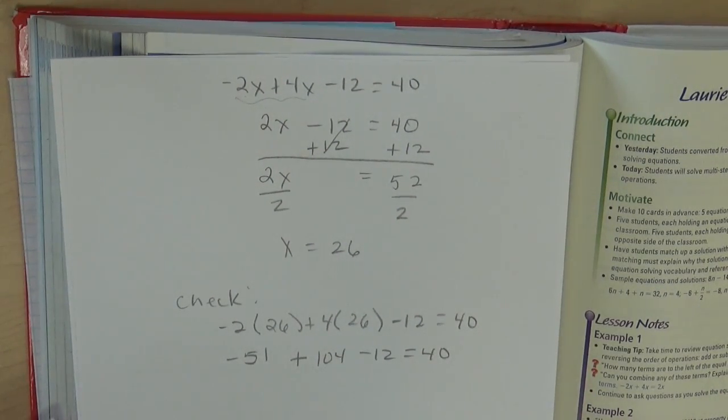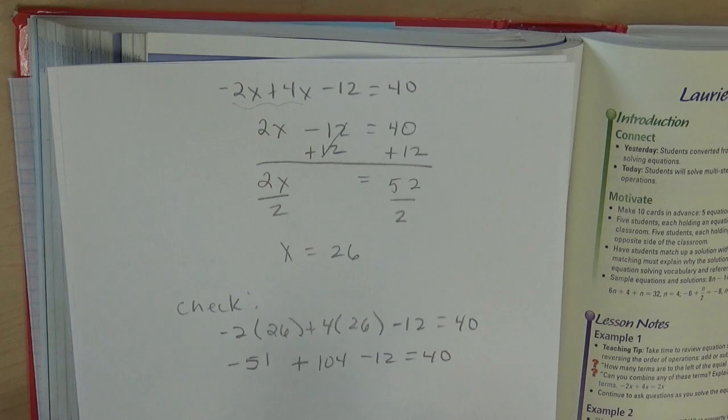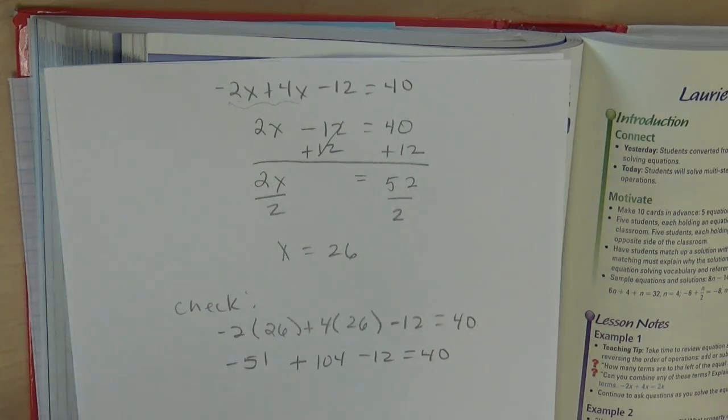Negative 51 plus 104 is 53, and then minus 12 is... I think I made a mistake. Okay, I found my mistake.